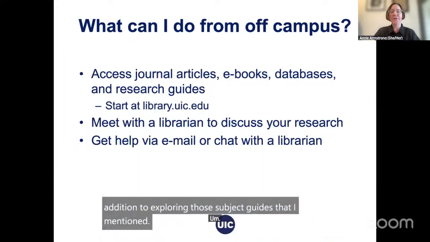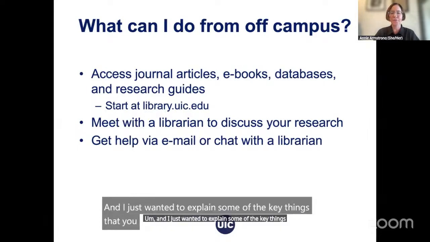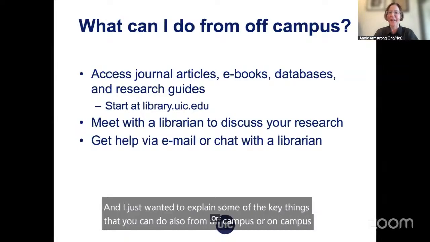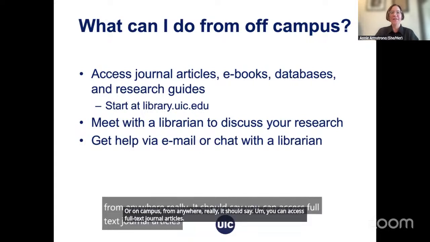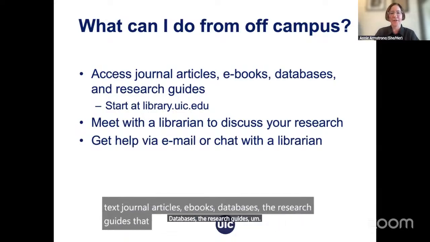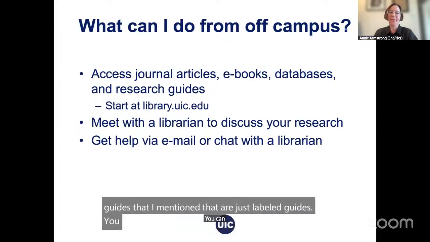And I just wanted to explain some of the key things that you can do from off campus or on campus, from anywhere really. You can access full text journal articles, ebooks, databases, the research guides that I mentioned that are just labeled guides. You can meet with a librarian.